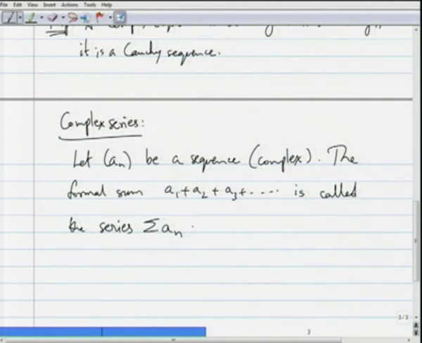So, that formal sum where you add all the terms in that sequence is called a complex series.